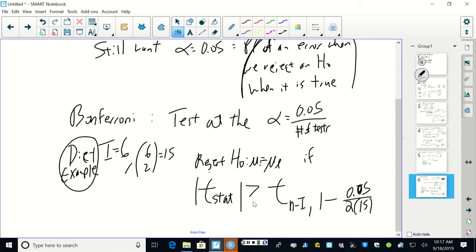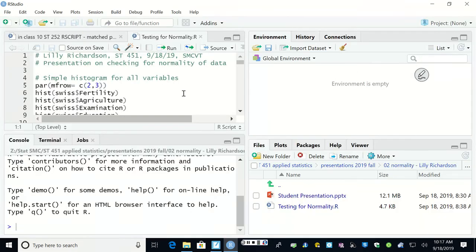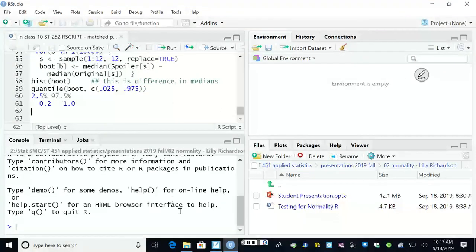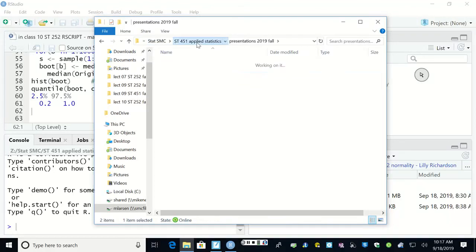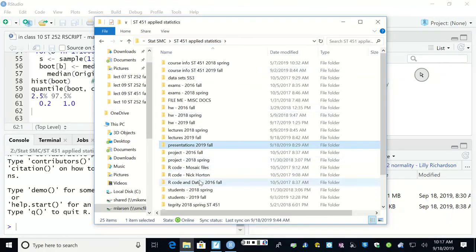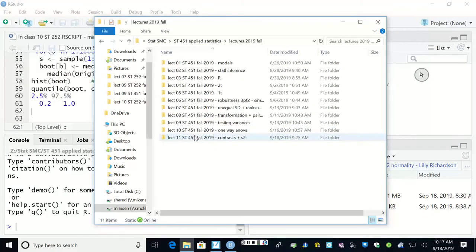So let's look at an example of that. That's Lily's code, which you can look at. So for class today, there's our code that's there.